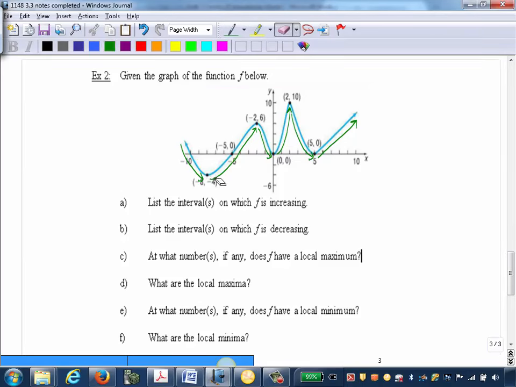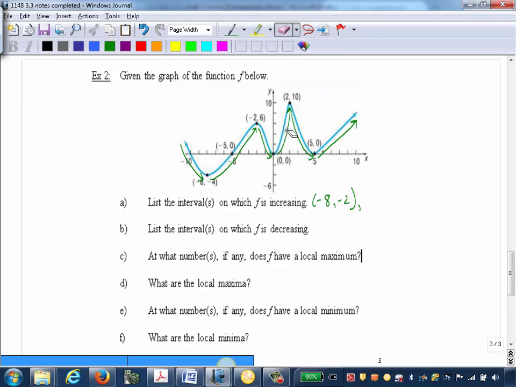So the first region begins at -8 and it continues all the way to -2. So I can describe that as parenthesis, -8, comma, -2, close the parentheses. And again, I'm using parentheses on these areas of increasing and decreasing because at the endpoints it actually changes from increasing to decreasing, so I can't include those endpoints.